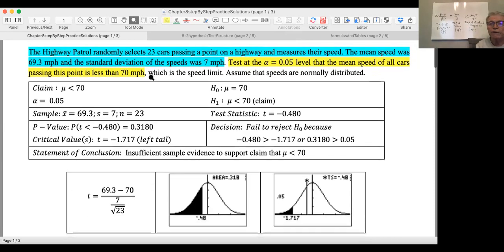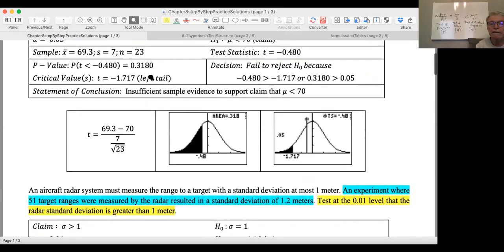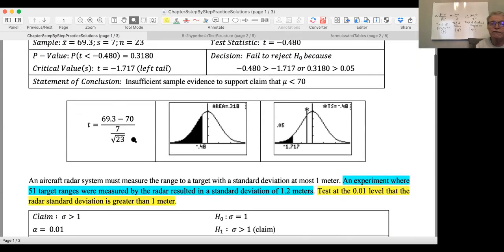So what we're going to do then is substitute those values into the formula for t, the test statistic for a test of the mean. 69.3 was the mean, minus the assumed value of mu, 70, divided by 7, the standard deviation of the sample, divided by the square root of the sample size, or 23.